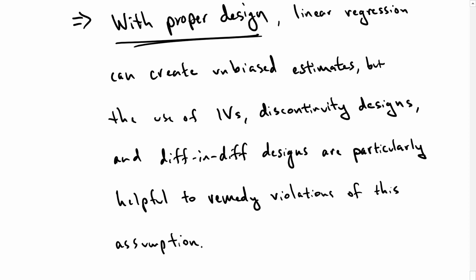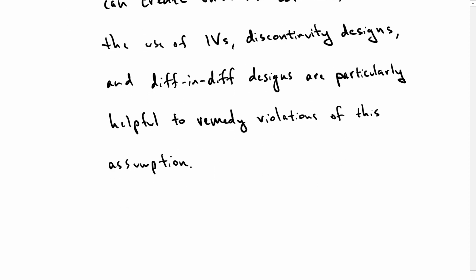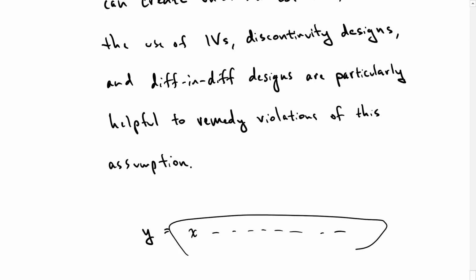Okay, and so we're going to primarily be using multivariate regression, and essentially what we're doing with that is, if we have some y variable and then a whole bunch of x variables, we're going to hope that if we control for enough observable characteristics in the x variables, that's also going to help control for the unobservable characteristics.